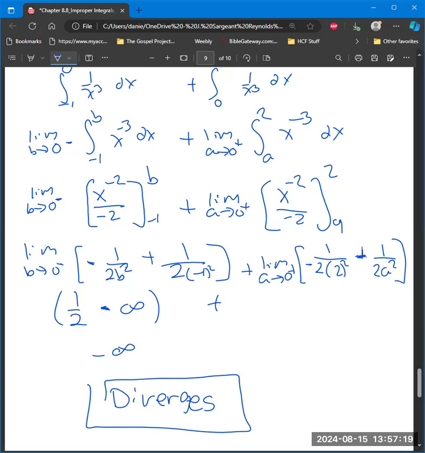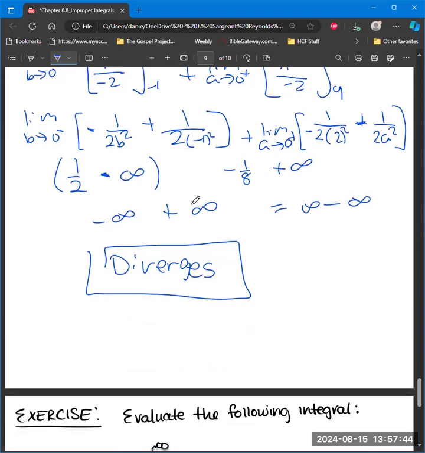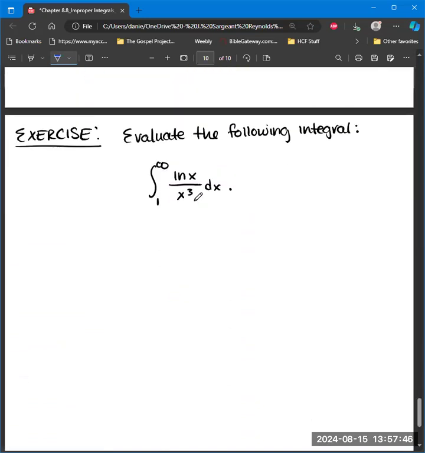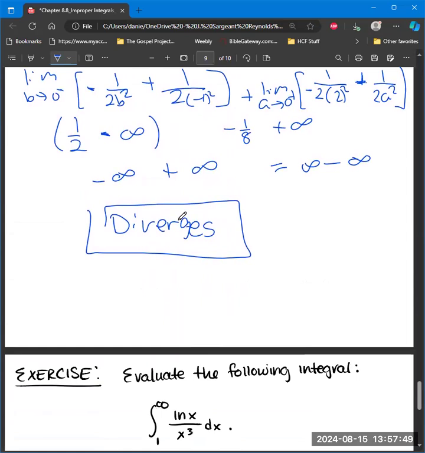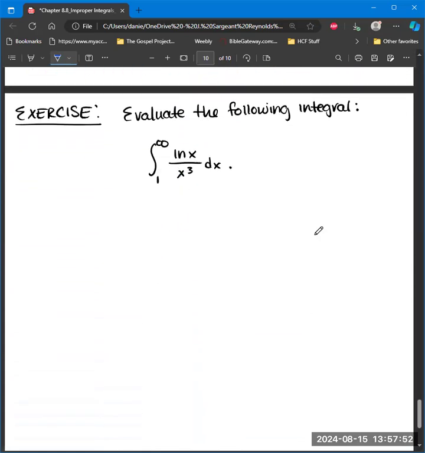I'm just going to show you this side also diverges. This is going to be minus 1/8 plus infinity. So this is infinity minus infinity. It's divergent. We only needed one side of it to diverge for the whole thing to diverge, but it's doubly bad there. Both of the intervals diverge.